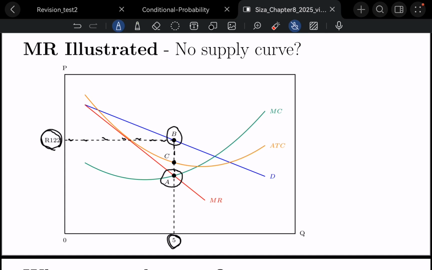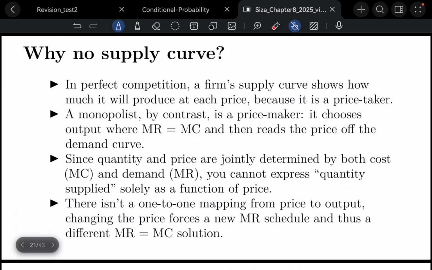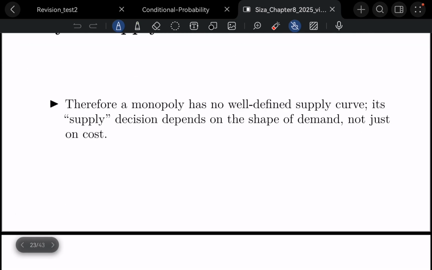So there's no possible relationship between quantity supplied and price in order for us to have a supply curve. So we will not have a supply curve when it comes to a pure monopoly. So that's what's explained there.